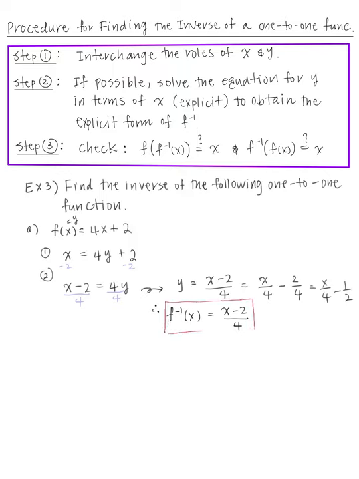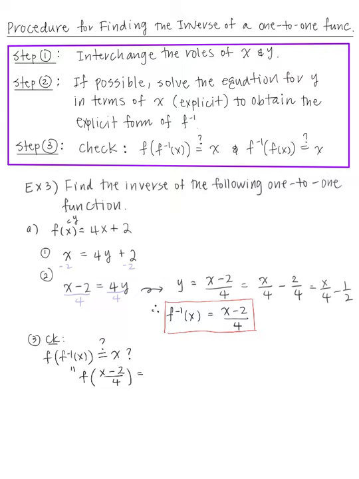Now we're going to verify. Okay, so this is the very important step. So we check. So let's first go with f of f inverse of x. Now, is that going to give us the x back? We're crossing our fingers that it's going to equal x, but let's do it. So this is the same thing as f of x minus 2 over 4.